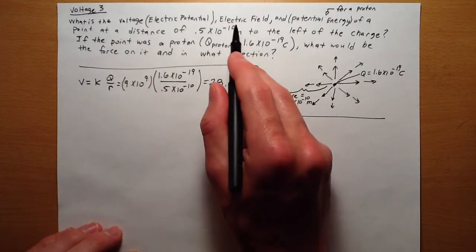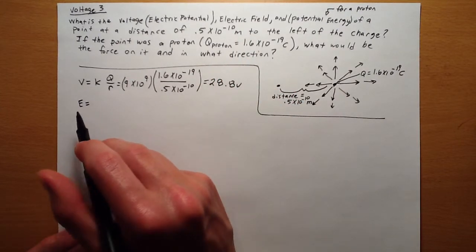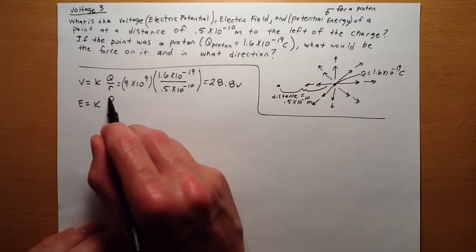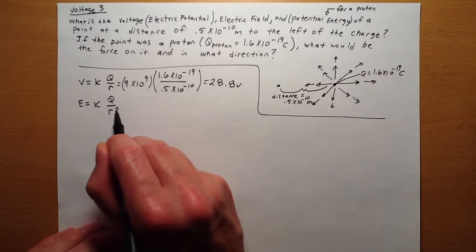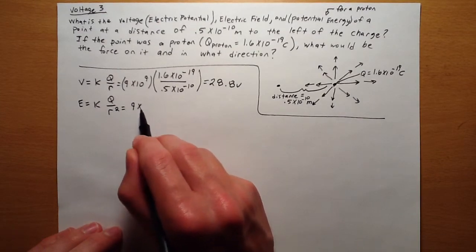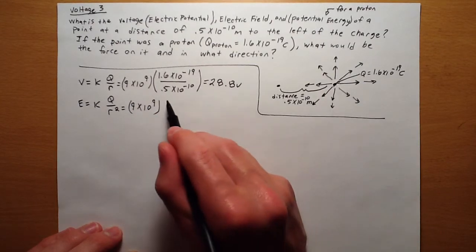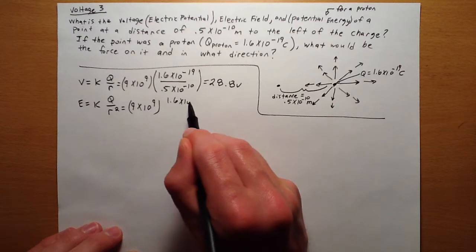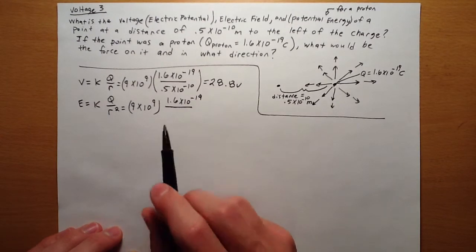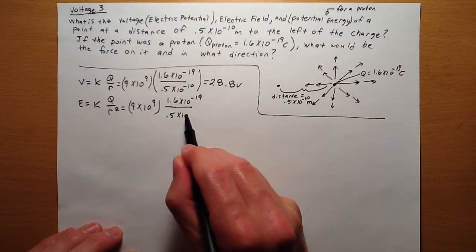Now, we need to solve electric field. Electric field is equal to K times Q over R squared. We know this is equal to 9 times 10 to the 9th over the charge Q over R squared, 0.5 times 10 to the negative 10.